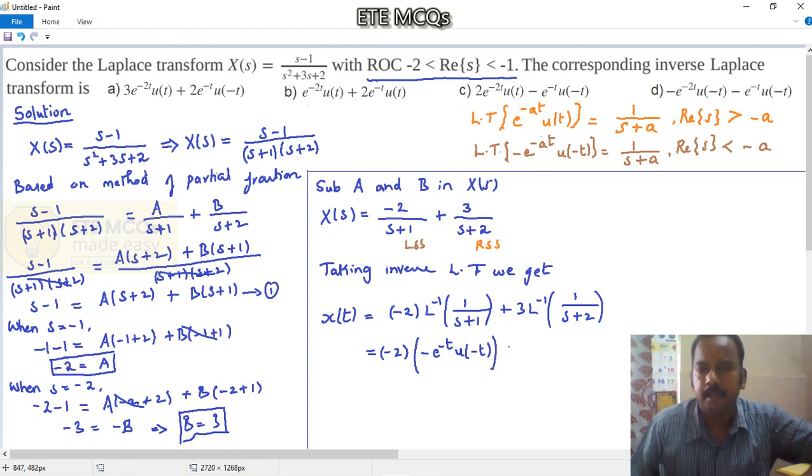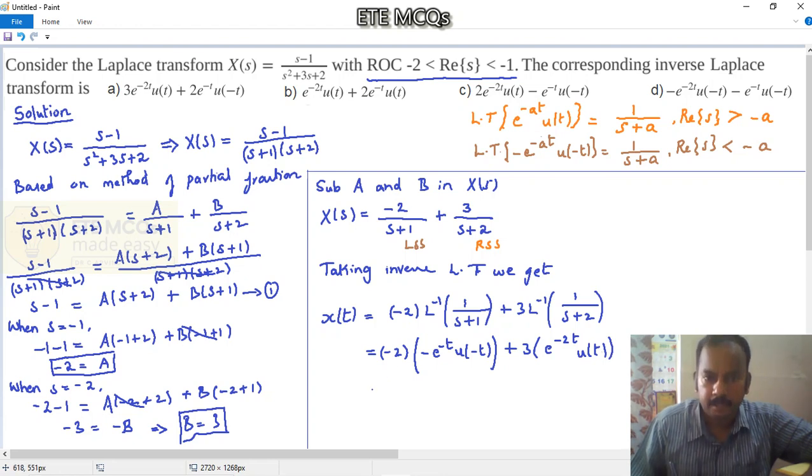Similarly, plus 3 times the Laplace inverse of 1 by s plus 2, which corresponds to a right-sided sequence, is e power minus 2t into u of t.